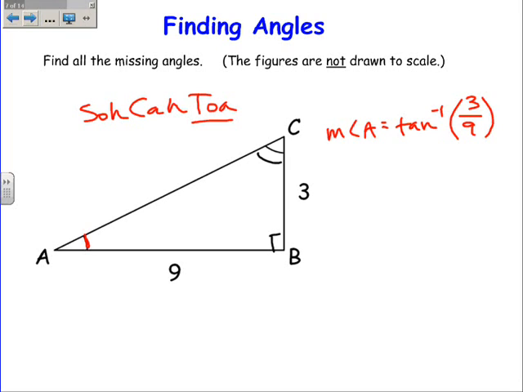The inverse tangent of 3/9 gives the measure of angle A as 18.43 degrees. And if I take that and add it to 90, and take 180 minus that, I will get 71.57 degrees.